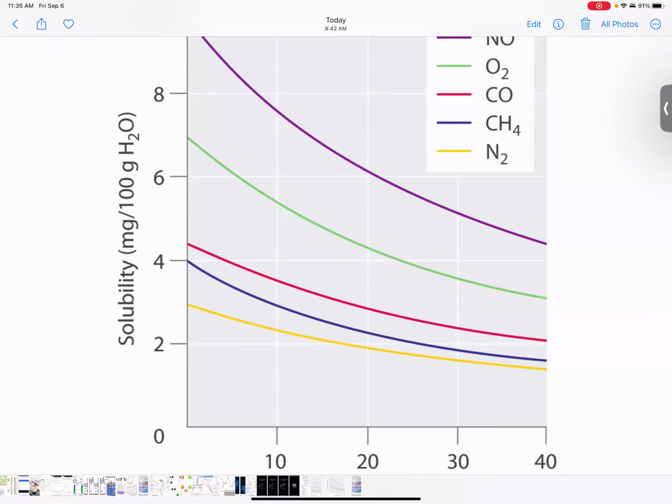And you will notice that it decreases with increasing temperature.